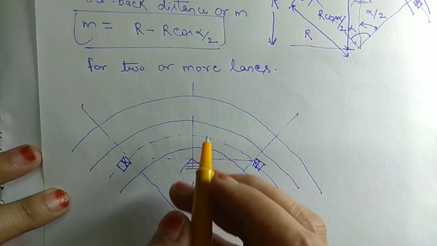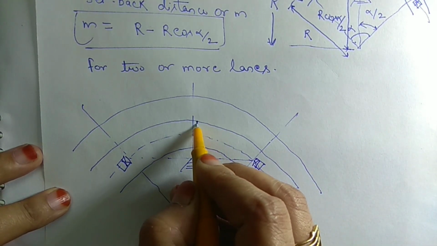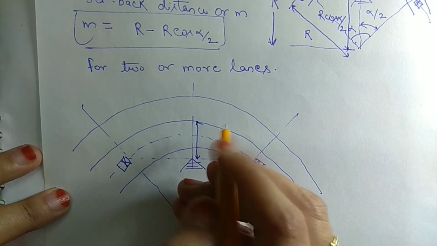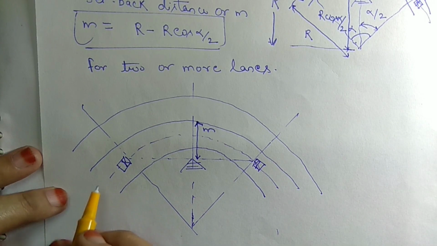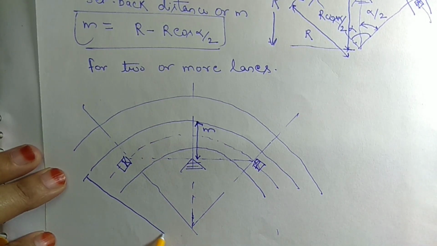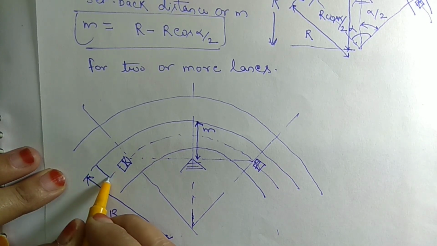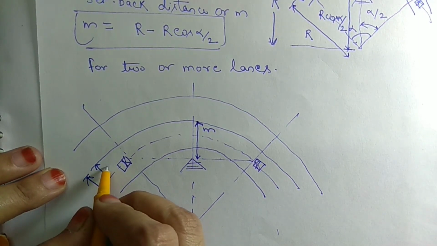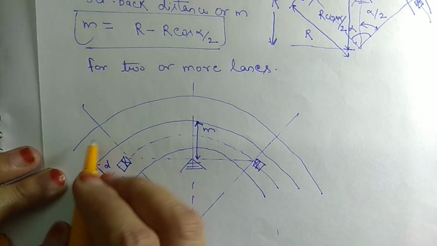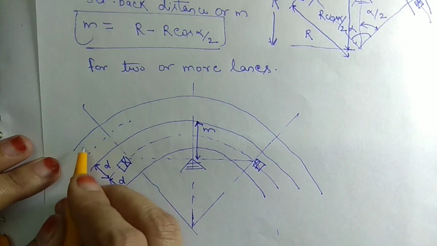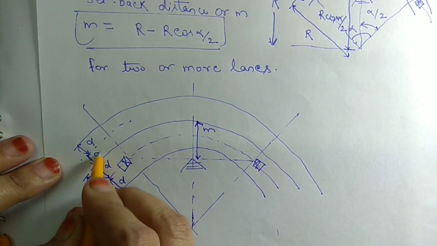The setback distance in this case will be from this inner lane to here, and this will be the radius of this curve. Suppose this distance from the center line of this pavement is D, and this will also be D. Same in this case, this distance will be D and this distance will also be D.